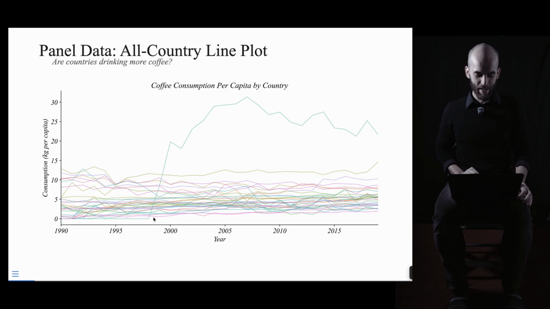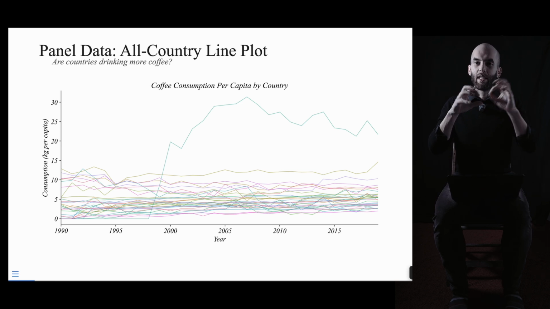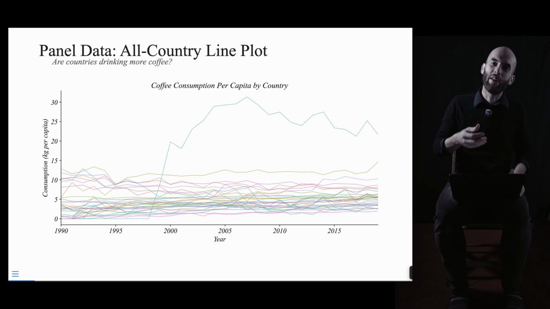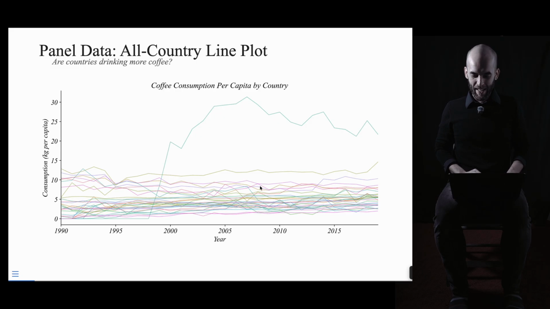And so what you can see here is we have coffee consumption with all of these lines for each one of the different countries. So if I were to ask you from this figure, are countries drinking more coffee today? The way you would have to answer it with this figure is you'd have to try to get a general sense of which direction the lines are going. Are they going up, meaning more coffee, or are they going down, meaning less coffee?